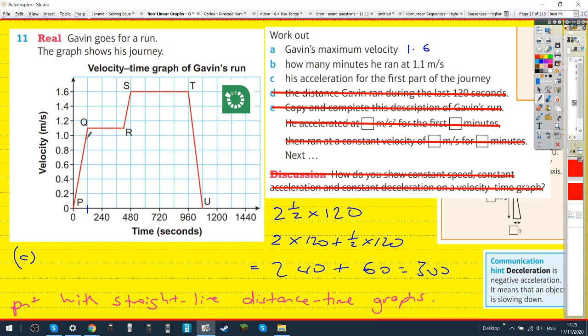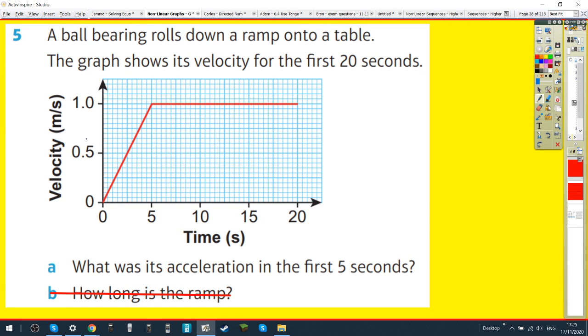It would be the gradient of the line at the first part of the journey. First 5 seconds acceleration. It was going up diagonally. And so the gradient will tell you the acceleration. So you have to find the gradient of the line. Yep. For the first part of the journey.